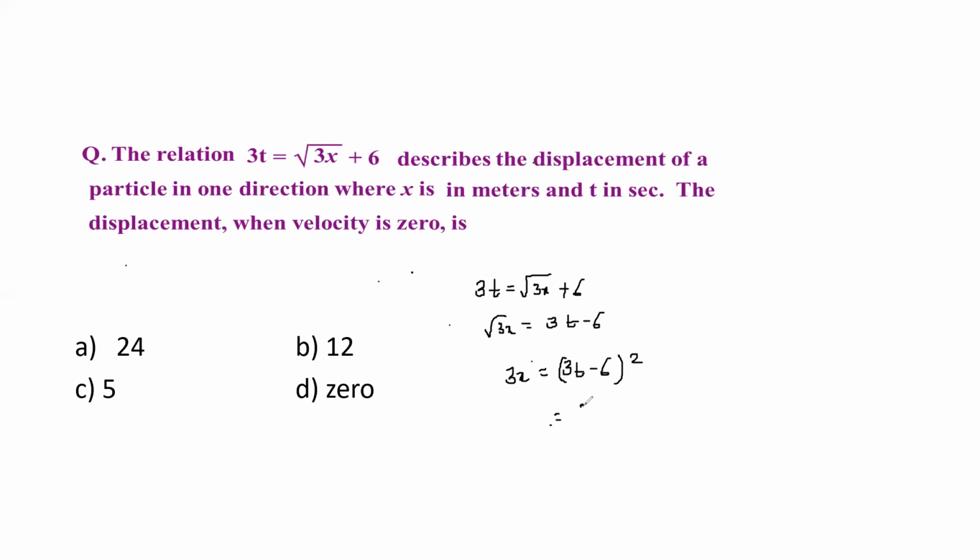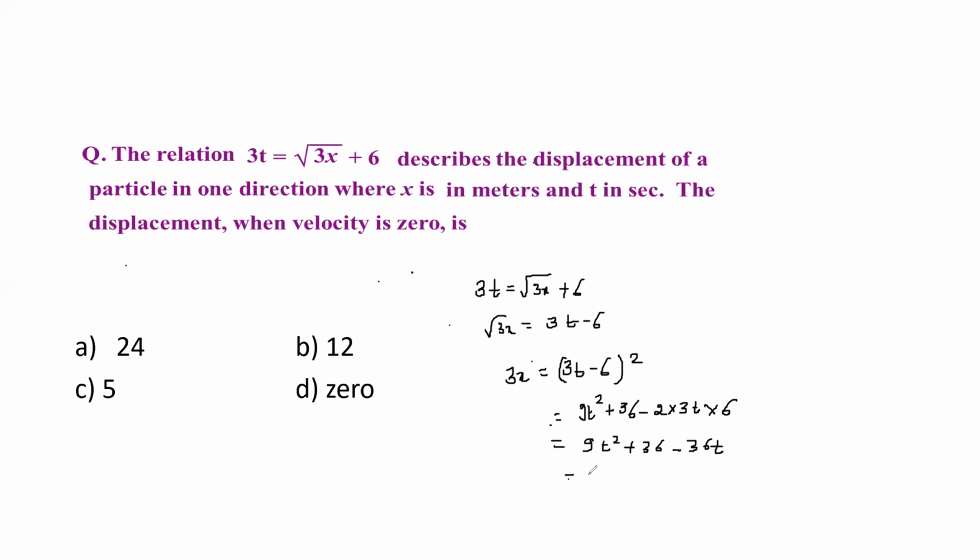So 3t whole square is becoming 9t square, plus b square is 36, minus 2ab, 2 into a into b, is equal to 9t square plus 36 minus. So 3 2s are 6, 6 6s are 36 into t.